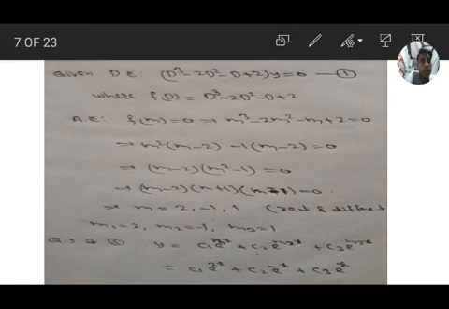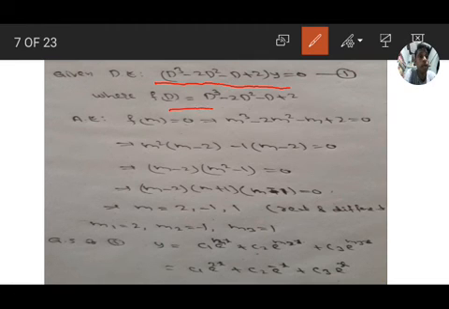So here the given differential equation is (D cube minus 2D square minus D plus 2) y equals 0, where f of D equals D cube minus 2D square minus D plus 2. So first it is in the symbolic form. So the auxiliary equation is f of m equals 0, which means m cube minus 2m square minus m plus 2 equals 0.